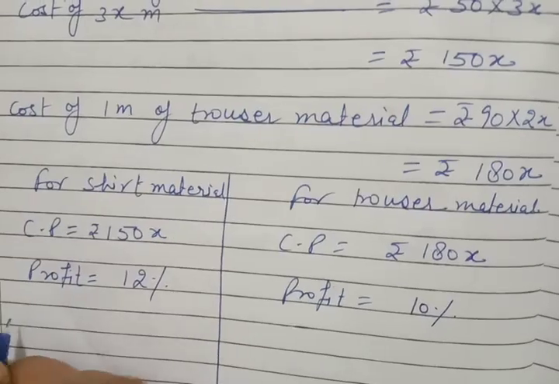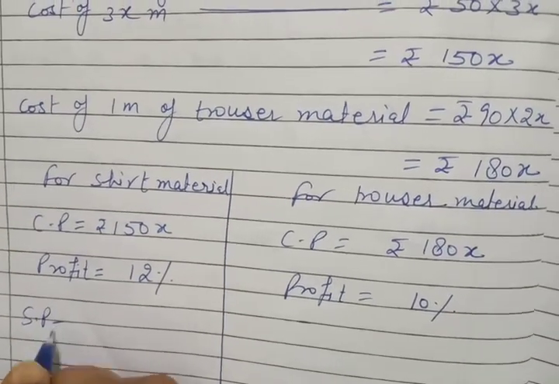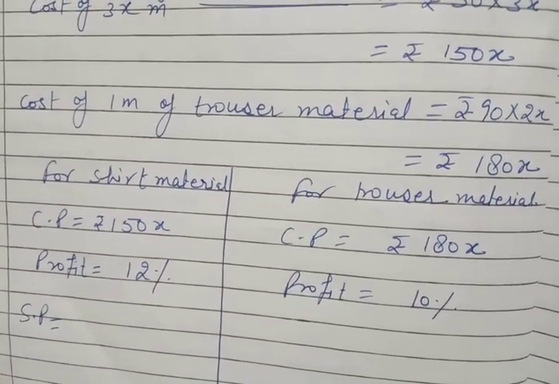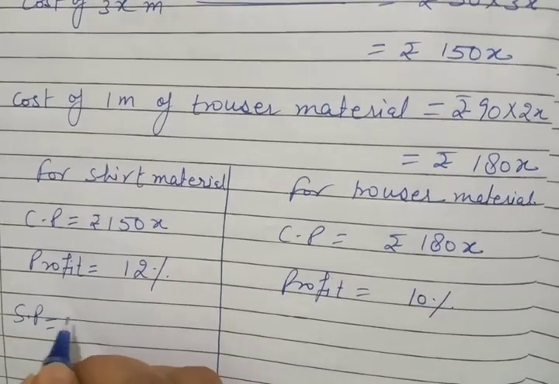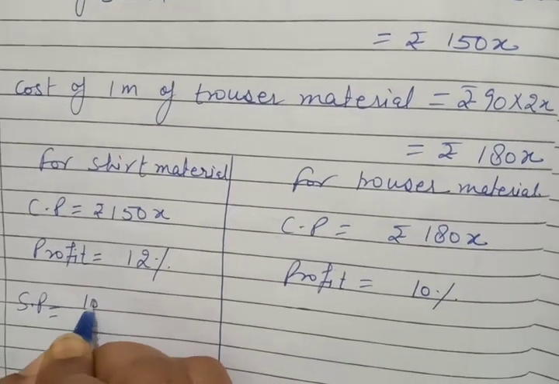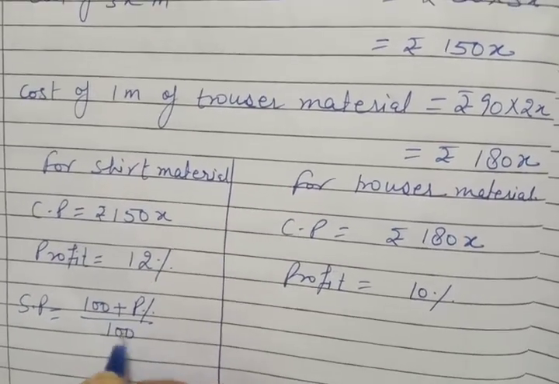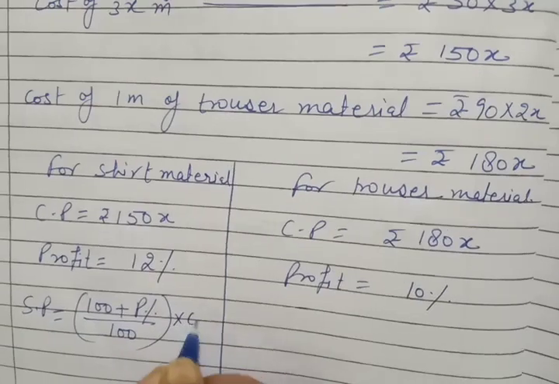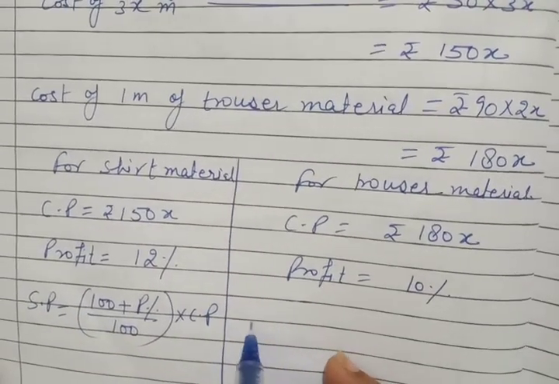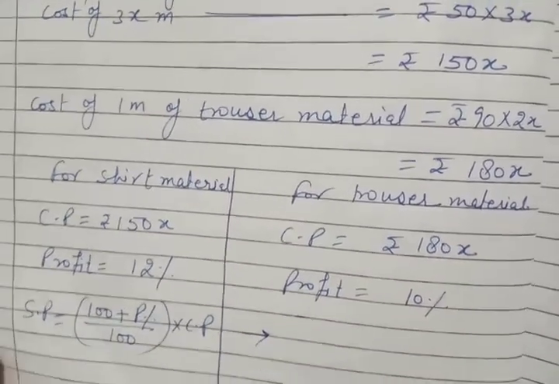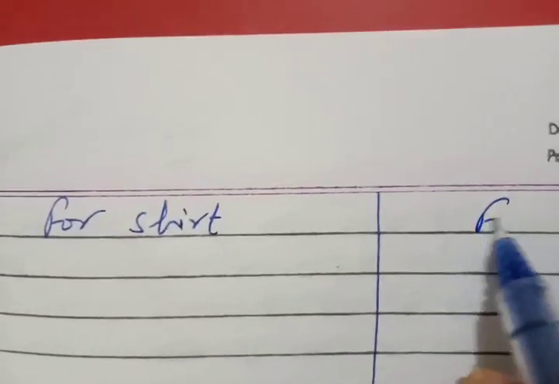If we know CP, if we know profit, we can find out SP with the help of a formula that you have done in your 7th class: 100 plus profit percent over 100 into CP. The same formula will apply here also. So I am doing here for shirt, you can write material also, and for trouser.